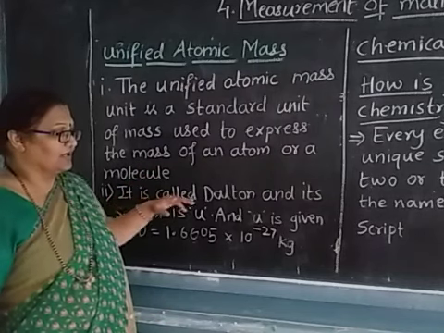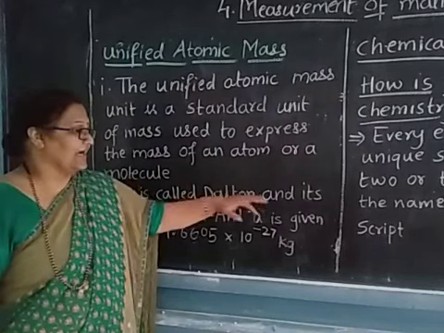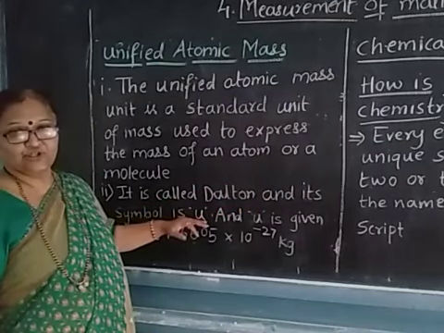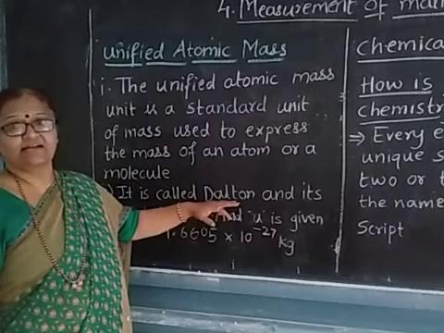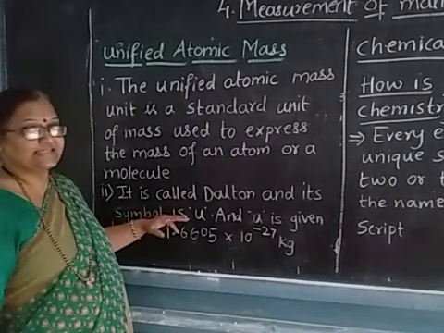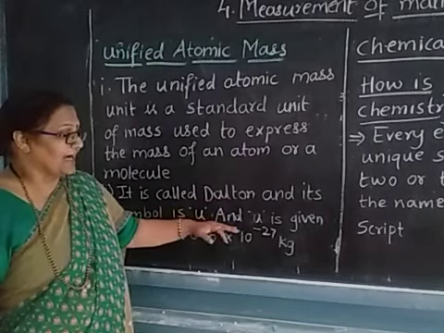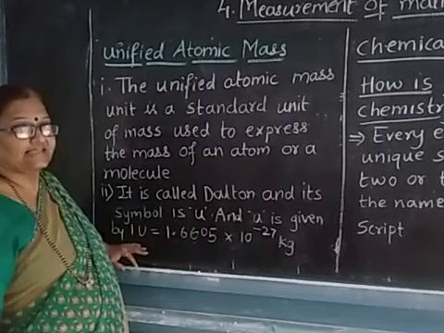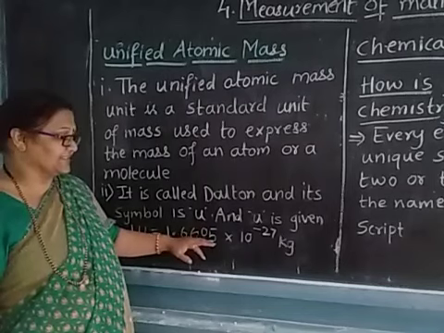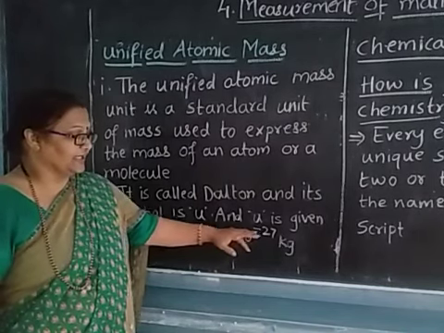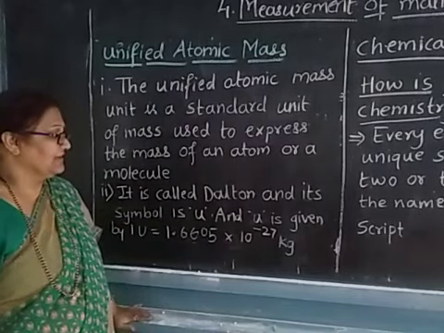It is called Dalton and its symbol is U. Whenever you see it, it is called a Dalton and denoted by the symbol U. And 1 U is equal to 1.6605 into 10 raised to minus 27 kg.